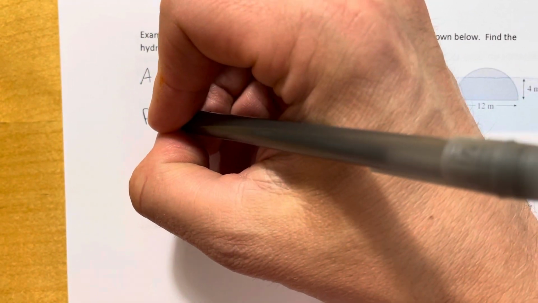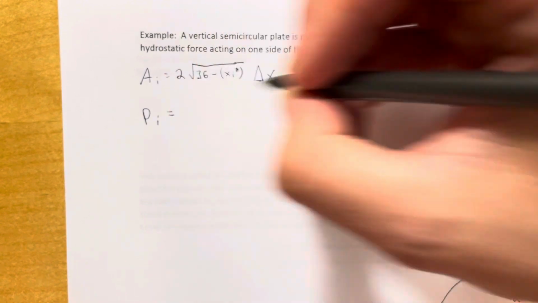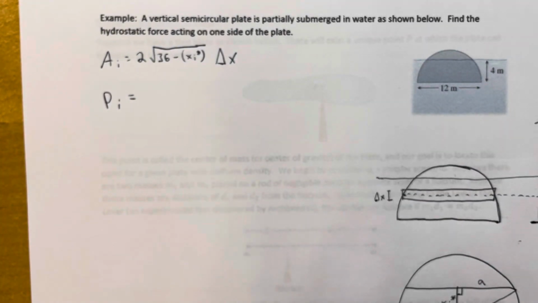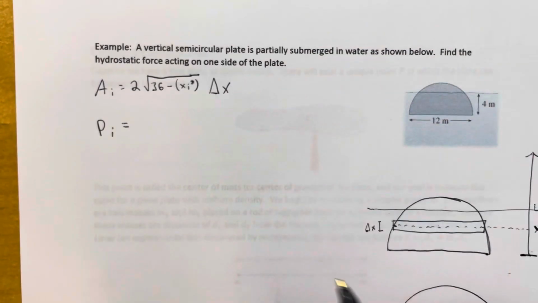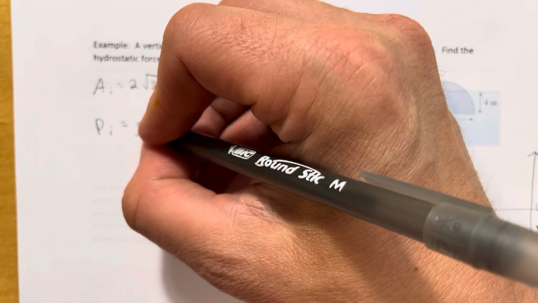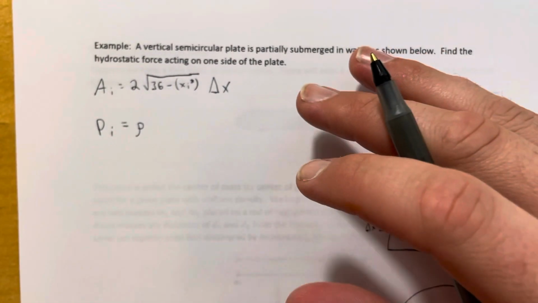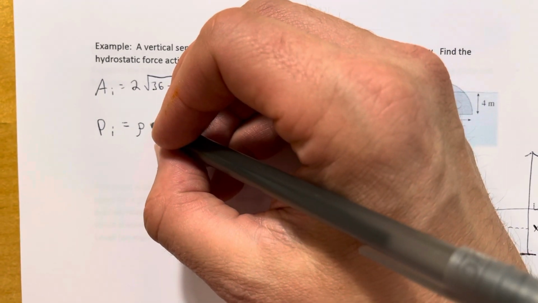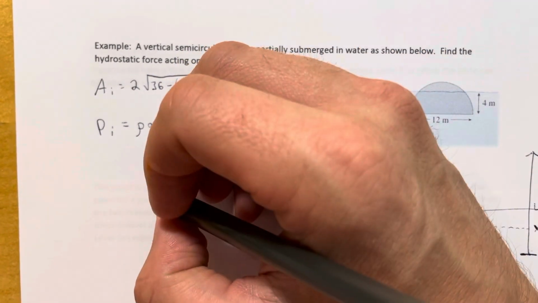The next step, like we saw in the previous example, is to find the hydrostatic pressure acting on that rectangle. So we're going to do that thinking about how this works in metric units. Remember, we want the density of the fluid, which is water in this case. We want the acceleration due to gravity.